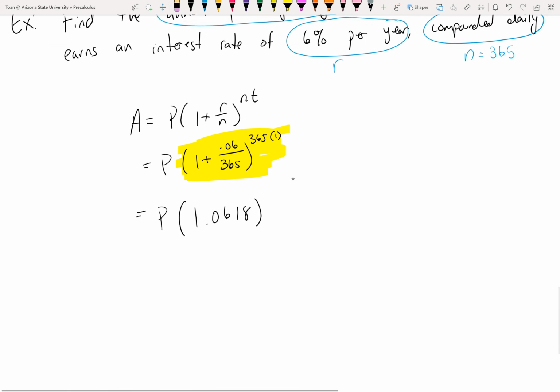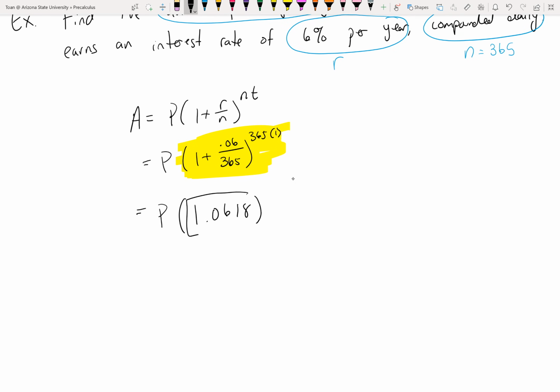So basically what you want to do is take a look at this number here and strip off the decimal. So would you guys agree that this is the same thing as P times 1 plus 0.0618? Well, this extra part that we stripped off, that is your annual percentage yield, APY.